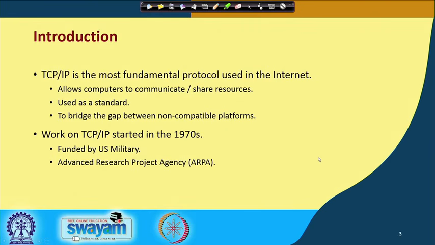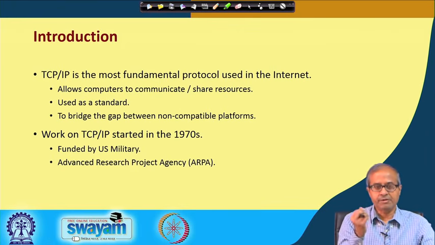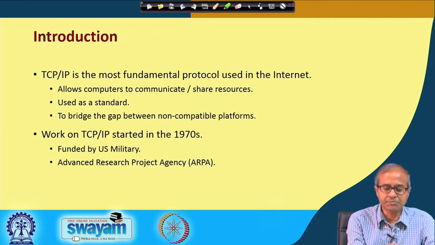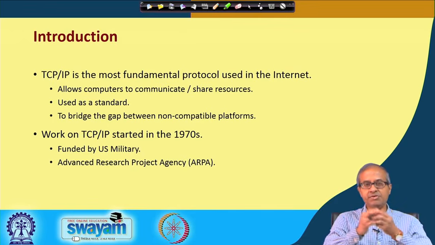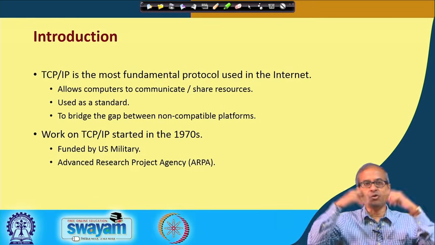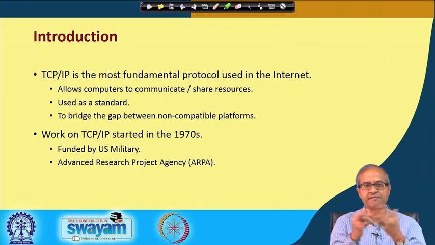So, let us start with TCP IP, what it is actually. Now, as I mentioned, TCP IP is the most fundamental protocol in the internet. Just to imagine, what is an internet? Internet is a network of networks. There are so many networks, they are all connected together. Inside a network, there are so many different protocols that are being followed.